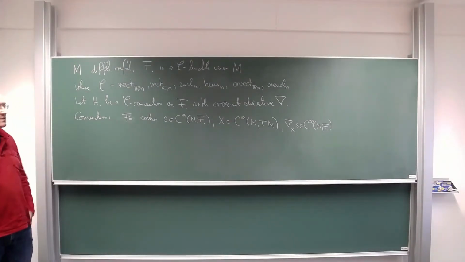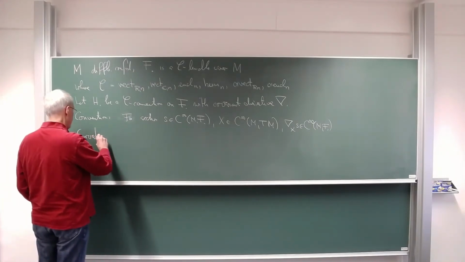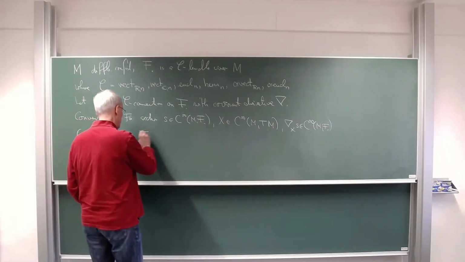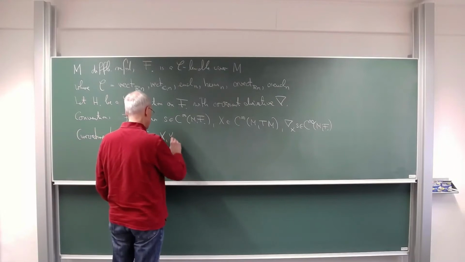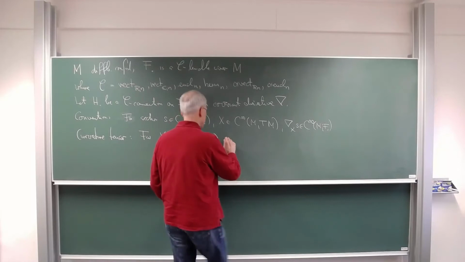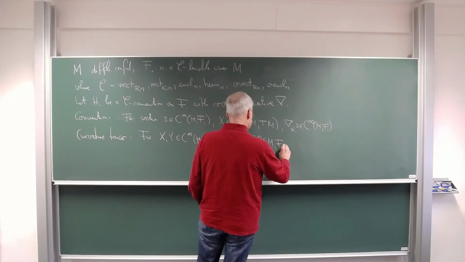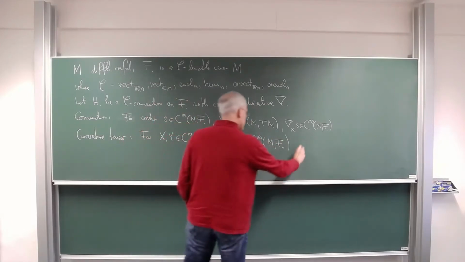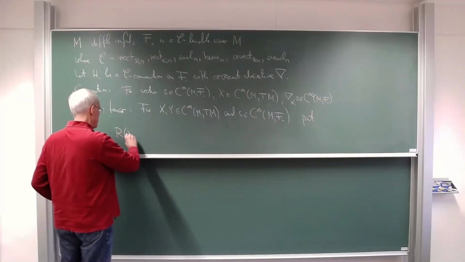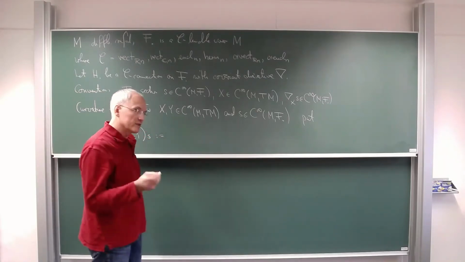Alright, and then there's the usual formula for the curvature tensor. So for two vector fields, X and Y, and a section S, we put R(X,Y)S by applying the covariant derivative twice.